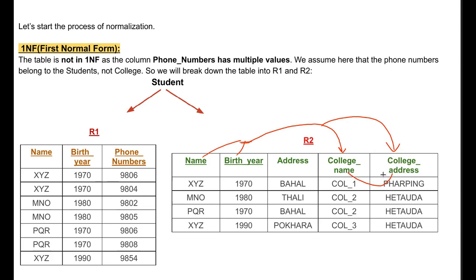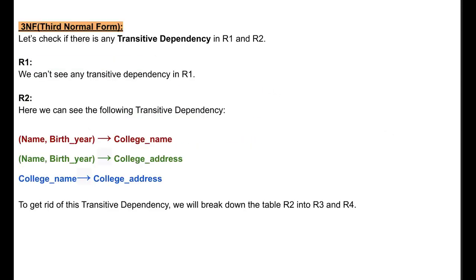So in that way, we can see there is a transitivity here. There is transitivity based on these functional dependencies. These are the functional dependencies in this table R2, where you can see transitivity, and there is no transitivity in R1. So based on this, we have to break down the table into two tables.